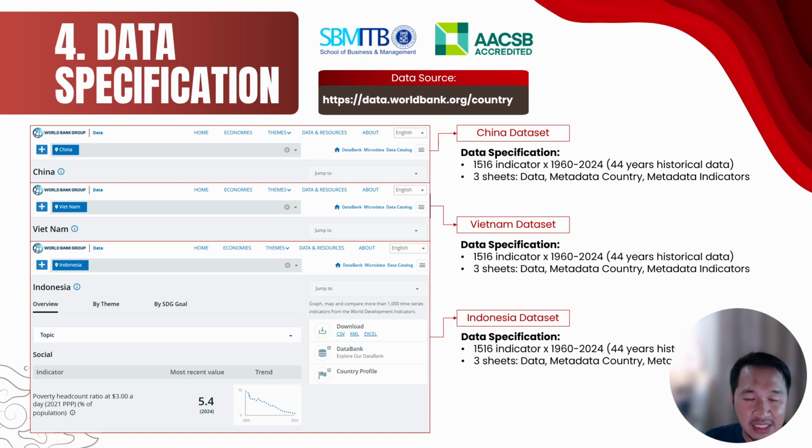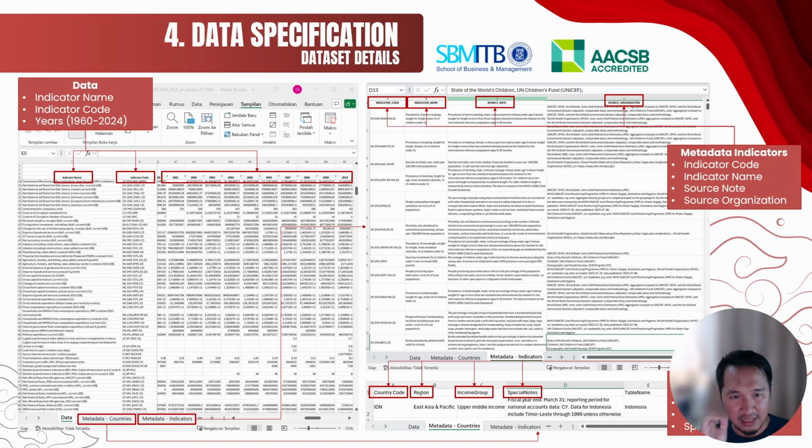You can find the details about the data inside the metadata indicators. Those 3 datasets are almost identical. As we can see in the data sheet details, there are indicator names, indicator codes, and years. In the metadata indicators, we can see indicator code, indicator name, source note, and source organization.